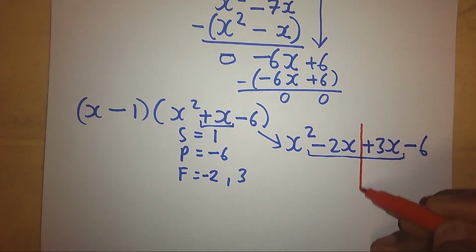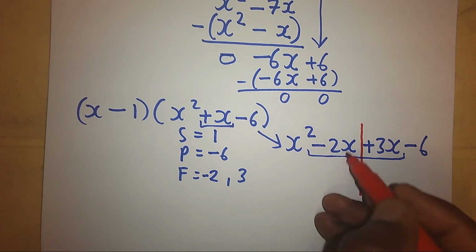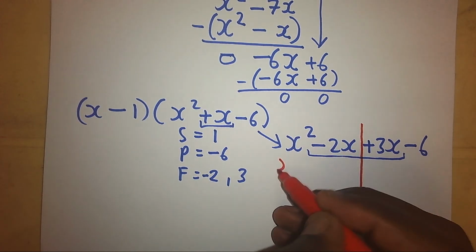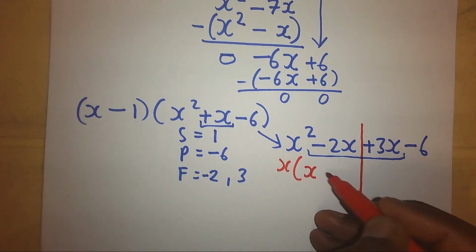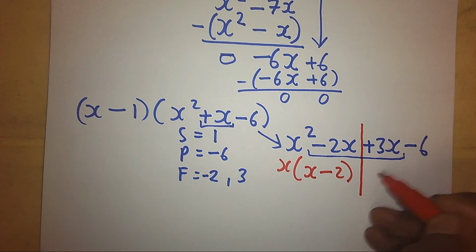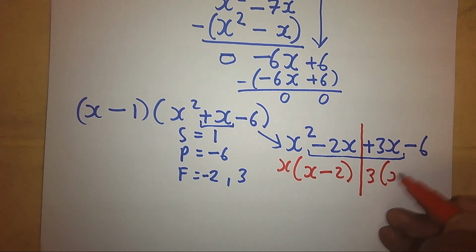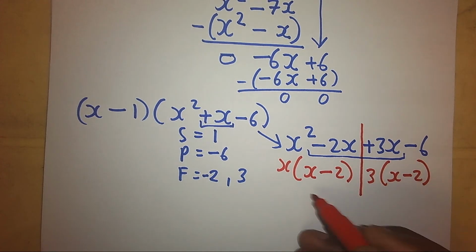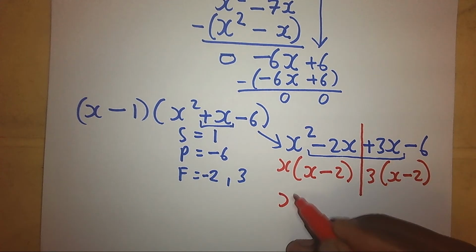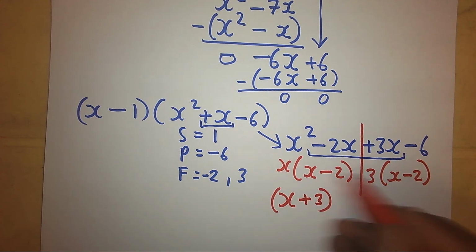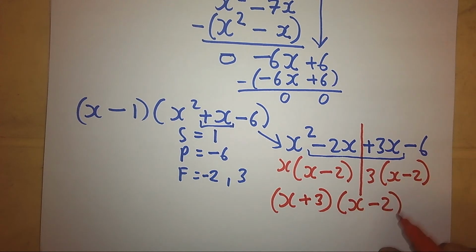I will factorize this one side. Common term is x. So I get x minus 2. And the other side, common term is 3. Then I have x minus 2 again. Because the brackets are the same, then I have one bracket formed by the values outside the bracket, and the other bracket formed by the values inside the bracket.